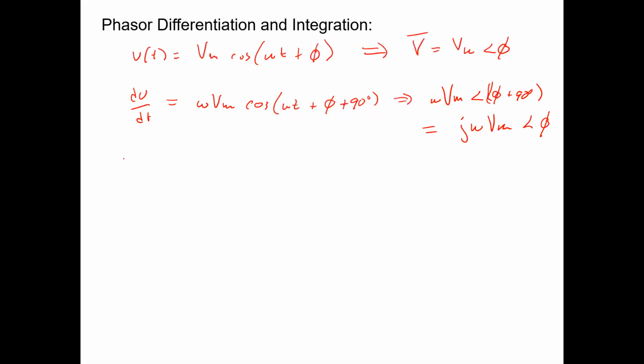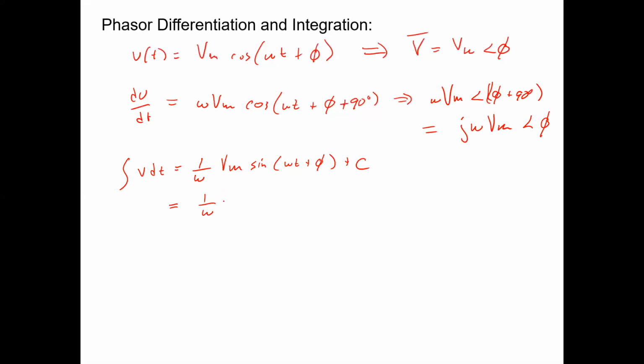And then the integral of a sine wave. The integral of a cosine is 1 over omega of some Vm sine of omega t plus phi plus some constant, and we're just going to ignore the constant and throw that out.